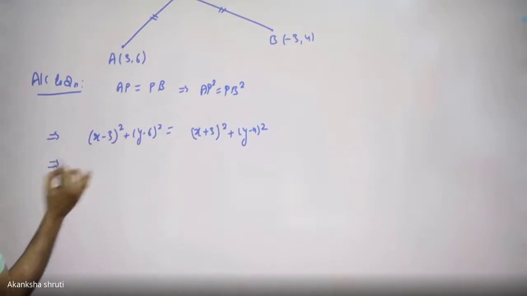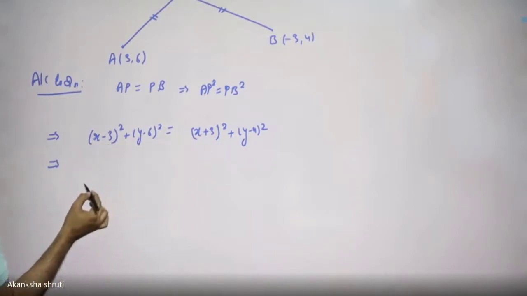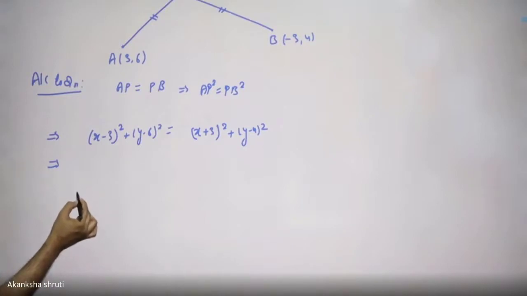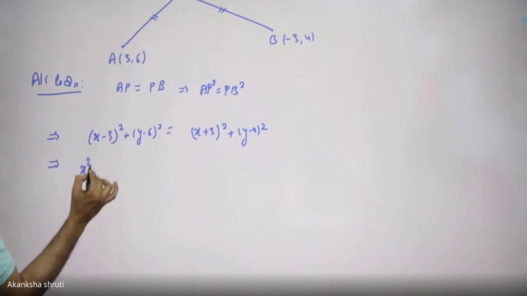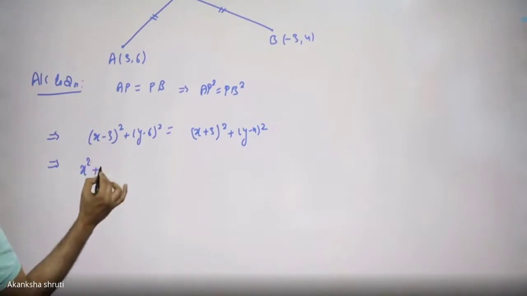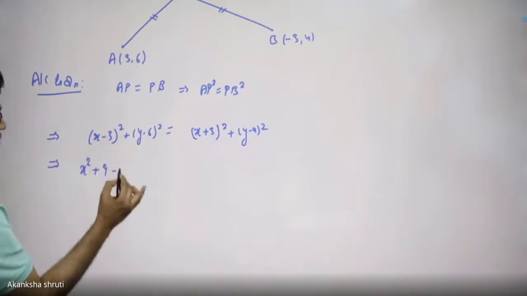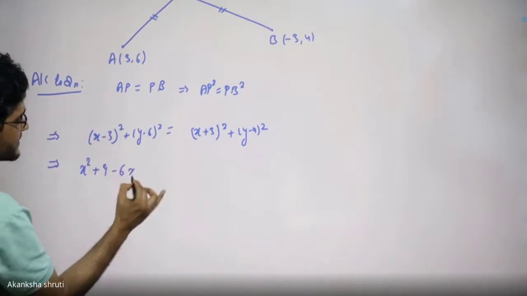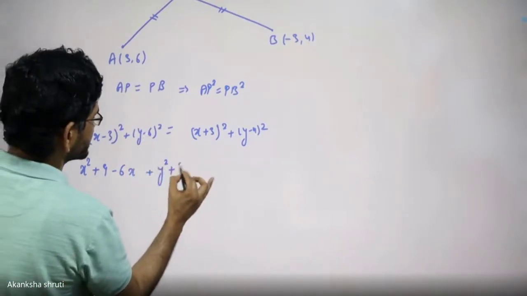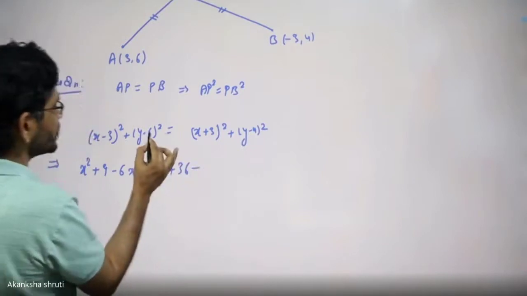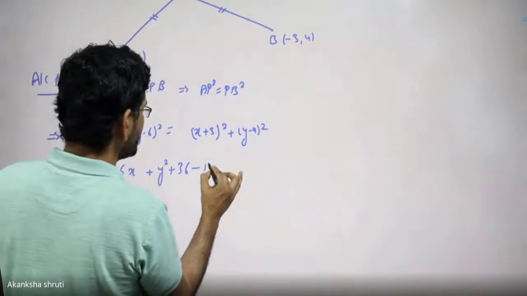Students, now we have to simplify this. All these are whole squares. We have to use the formula of (a minus b) whole square and (a plus b) whole square. It becomes x square plus b square, 3 square is 9, then minus 2ab, 2 into x into 3, 2 threes are 6x. Then y square plus 6 square is 36, minus 2 into y into 6, 6 twos are 12y.